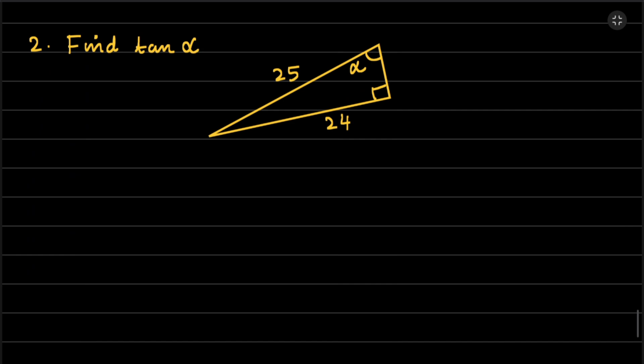You are given again a right angle triangle and you have to find tan of alpha. Again, let us mark our P, B and H, perpendicular, base and hypotenuse. So here you have given 90 degree. This is your 90 degree. So the side which is right in front of your 90 degree, this is your hypotenuse. You are seeing your reference angle. The side which is right opposite your reference angle is your perpendicular.